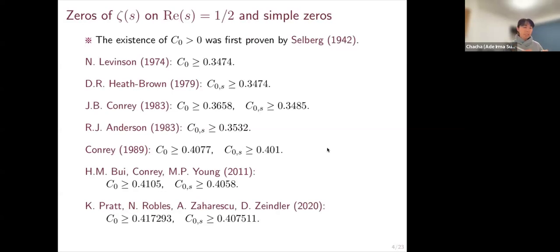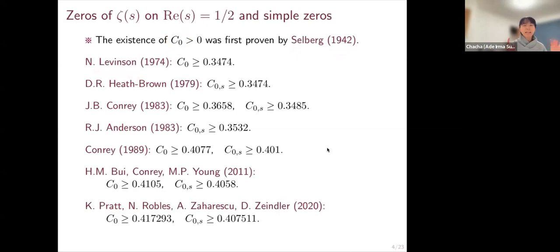The first time it was proven that you can get something positive with the same asymptotic t log t was actually due to Selberg. But the first time this effective number was given was a few decades later by Levinson in 1974.